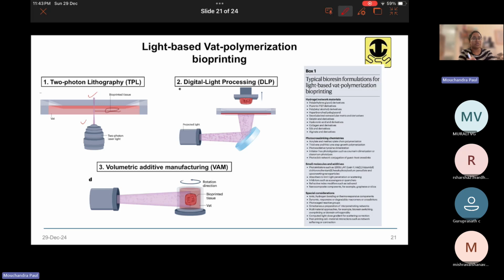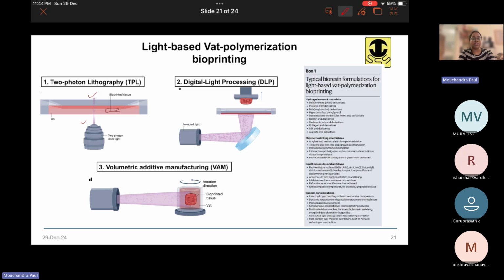Now, if you use patterned light on, let's say, a rotating vat, as the vat is rotating, the patterned light is shown in all the directions. So the structure gets solidified within the vat within a few seconds. The entire structure gets made within a few seconds. You don't have to do layer by layer here.